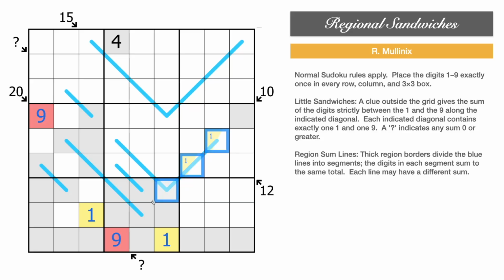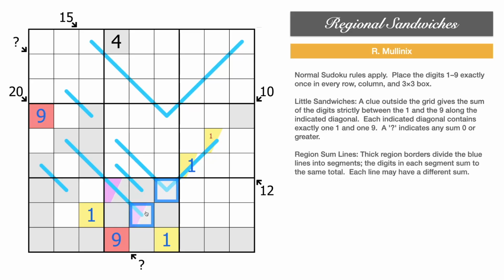So now let's look at which value this can be 1. Here, if you select this as 1, you're saying that this sums to 10. But remember, this region sum line here sums to 20. So this total here is 10, and this is 10. So we already know that this purple is 10 here.